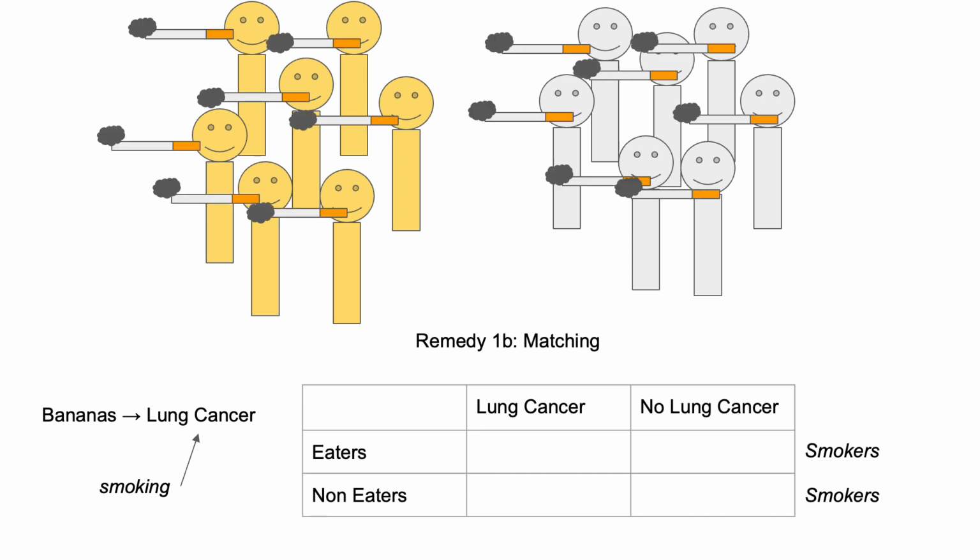The second type of remedy is matching. This can also be viewed as restricting to smokers, just like the previous slide. But since I wanted to introduce this notion of matching being a remedy for confounding, I'm introducing it in that spirit. But of course, I would also mention that matching is much more complicated.